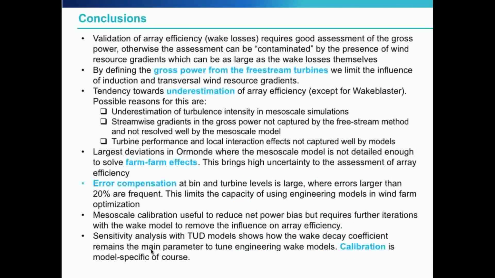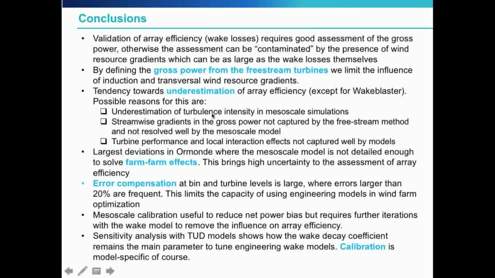Here are some conclusions just to wrap up. Even though we focus on array efficiency, it's very important to have a good assessment of the gross power, and how to define that in array efficiency is critical. A similar conclusion as Paula said: even if you focus on wake losses, you better take care of the inflow first, so that it is not affecting your assessment of the wake losses.